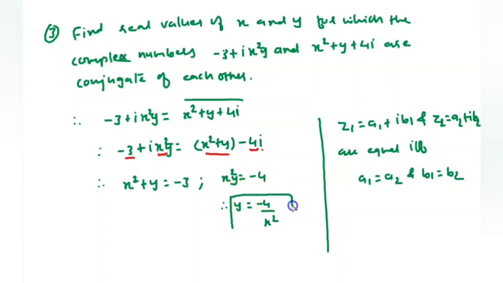Now we'll substitute this value of y in the first equation. Therefore x square plus (-4 by x square) is equal to -3. Now let us simplify.